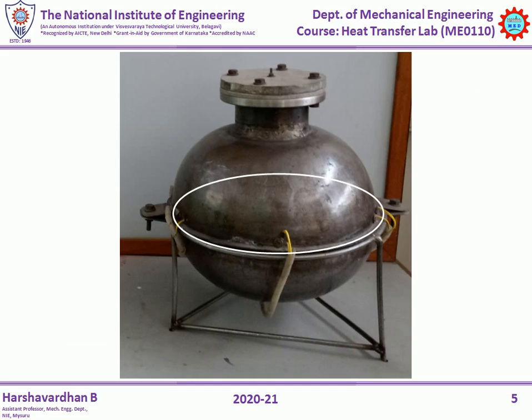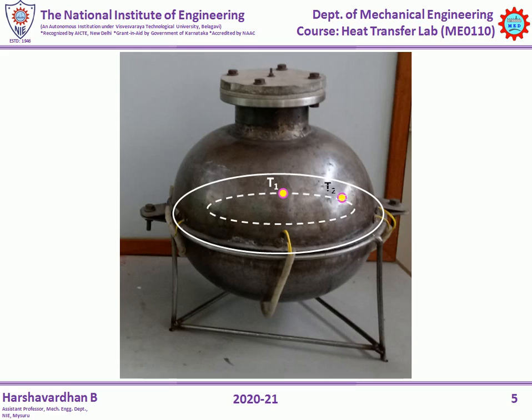When the inner surface of the inner sphere is heated, the heat is going to be conducted from the inner surface to the outer sphere through the asbestos powder, because of which the temperature of the surfaces will change. This change in surface temperature will be measured with the help of 12 thermocouples.